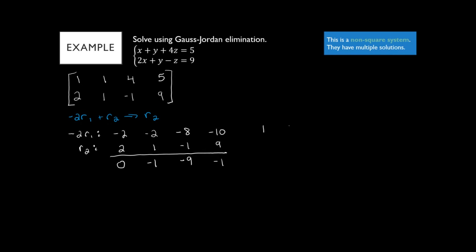So my matrix is 1, 1, 4, 5, 0, -1, -9, -1. So we've got our 0 and a 1 in the right spot so far.